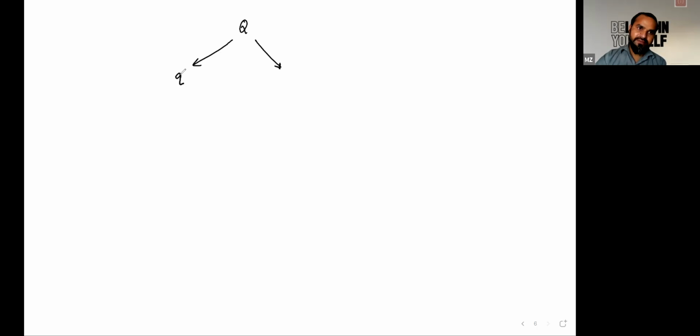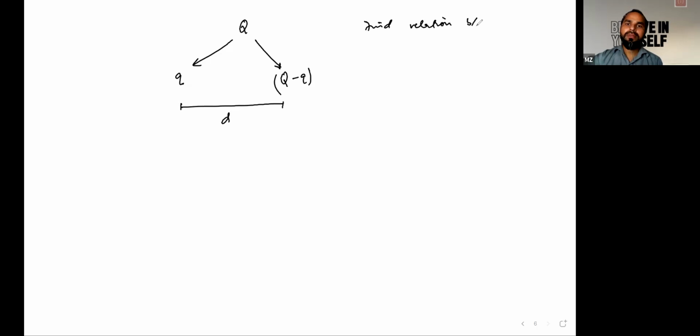Let's say if I divide this charge, the first one is small q, the other one will be Q minus q. And if they are separated at some distance t, then they would ask you to find the relation between q and Q minus q so that the force between them is maximum.